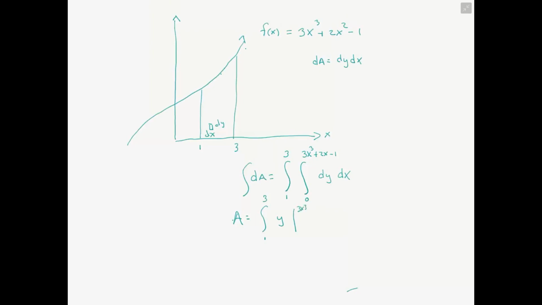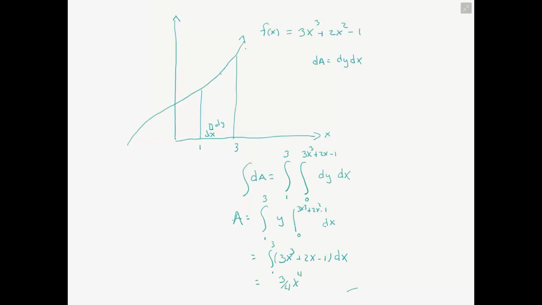Now we have y evaluated between 3x to the third plus 2x squared minus 1 and 0, dx. And when we evaluate that, we just have this curve, 3x to the third plus 2x minus 1 dx.